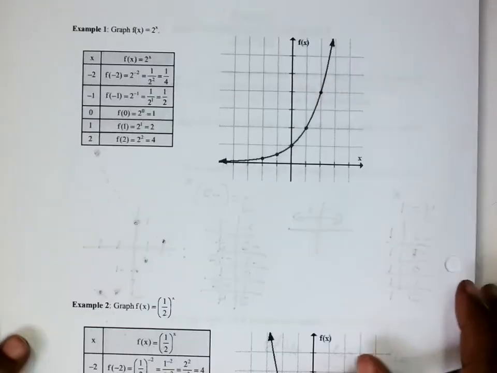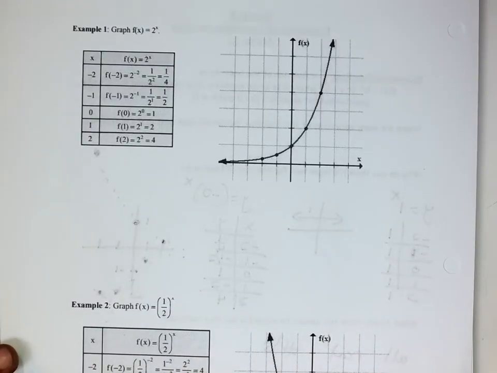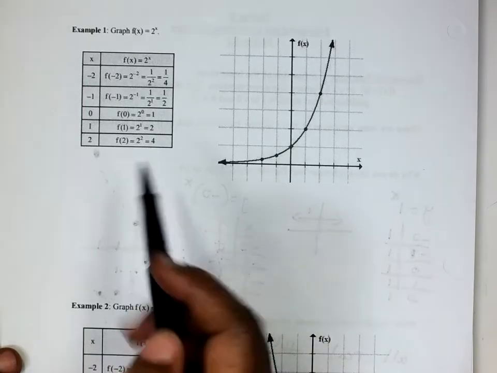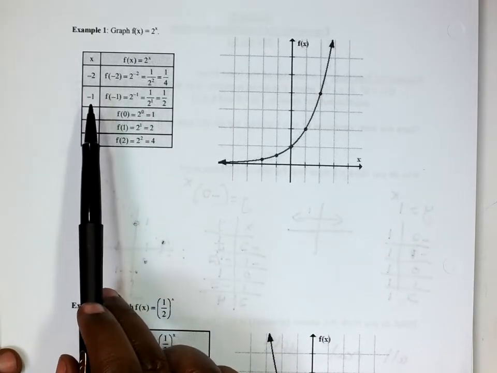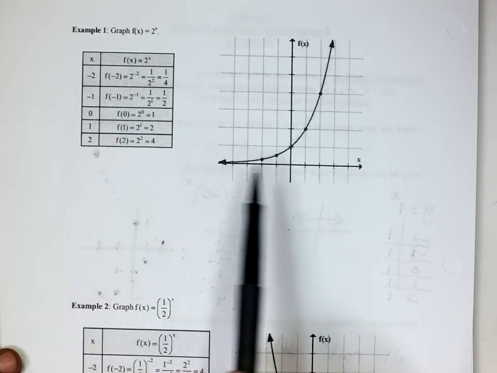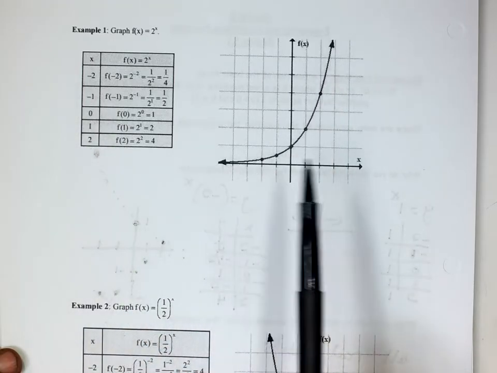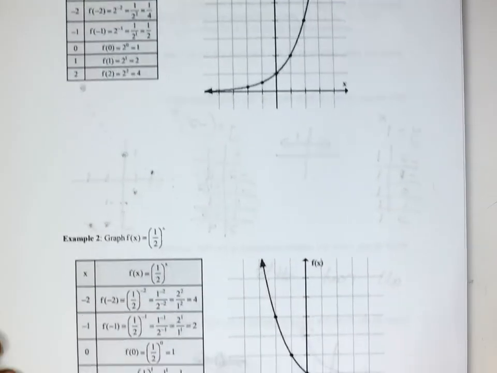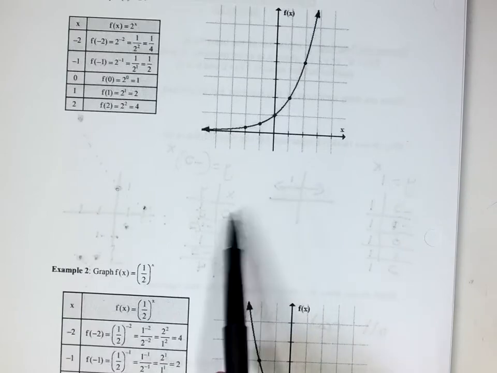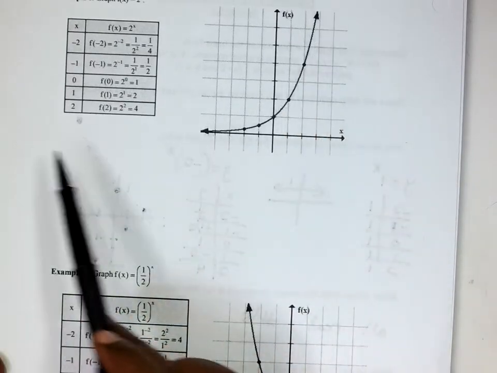So in your workbook, I have a few examples typed up for you. We have 2 to the x, and again, we're just evaluating at negative 2, negative 1, 0, 1, and 2, and then plotting those points. So that's what y equals 2 to the x looks like. And you see the domain, it's widening, right? It's all real numbers.